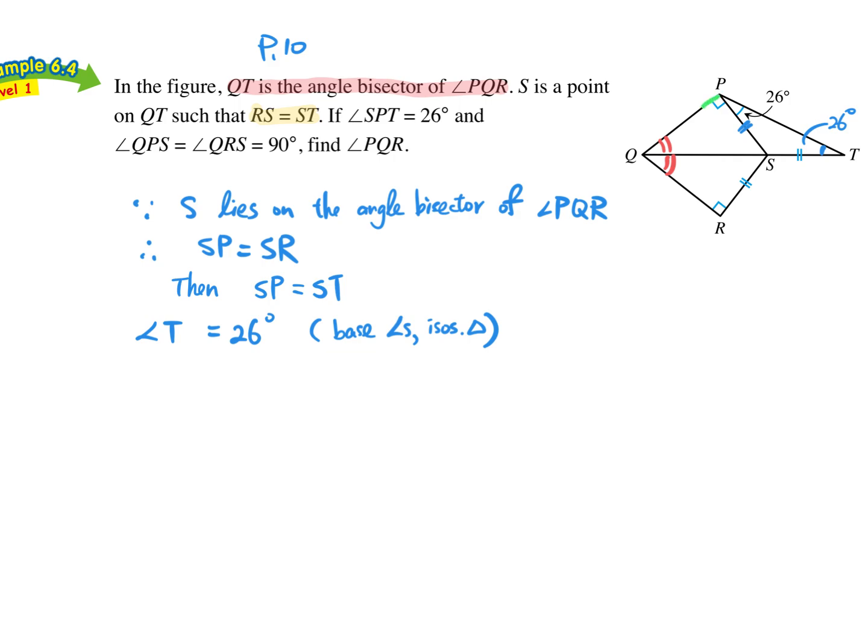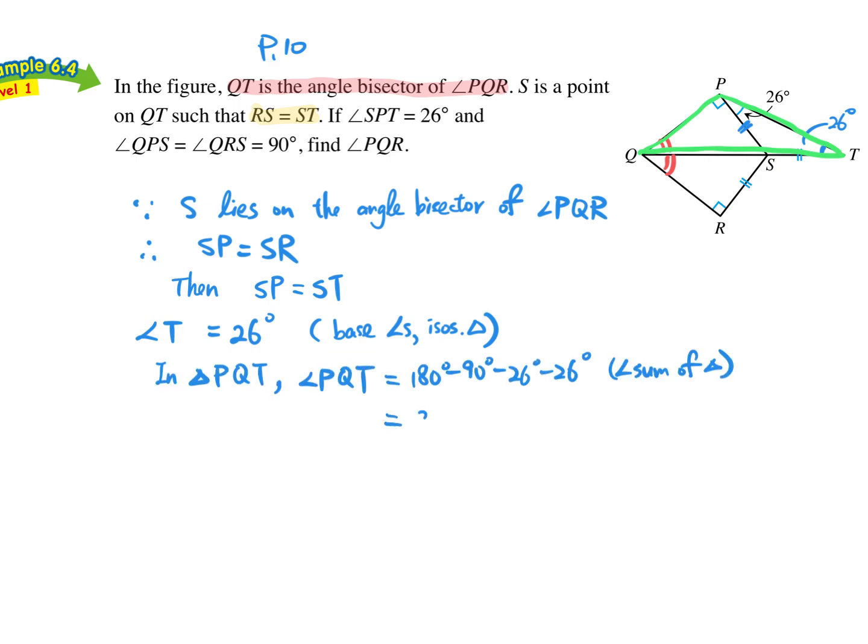And then in triangle PQT, we consider the angle sum of triangle. And since QT is the angle bisector of angle PQR, and therefore the angles in red color will be equal.